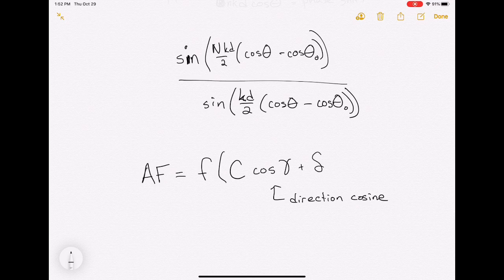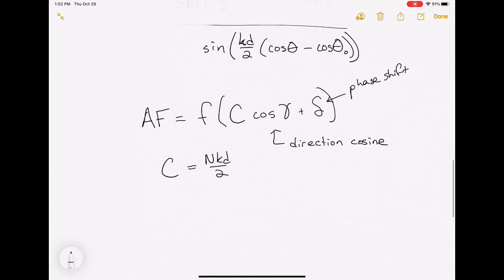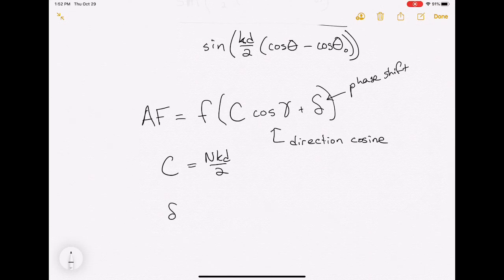Plus delta, where delta is the phase shift. C here, the constant, in the case of this sinc function, is N k d over 2. And delta is N k d over 2 cosine theta naught.